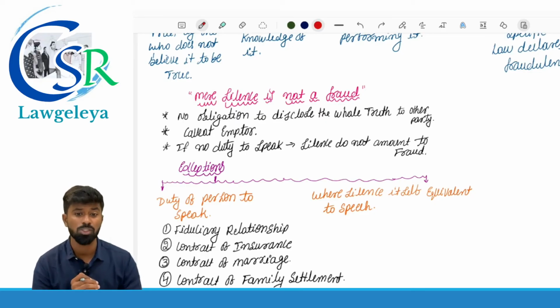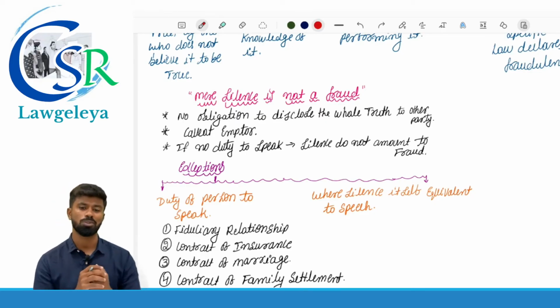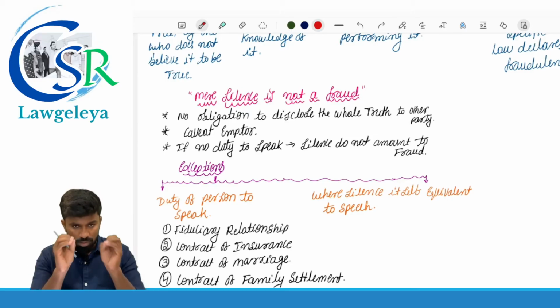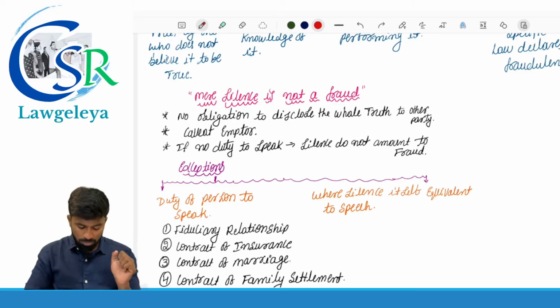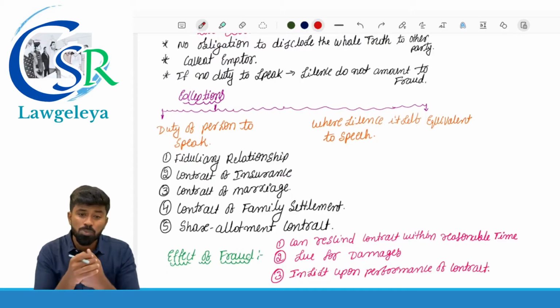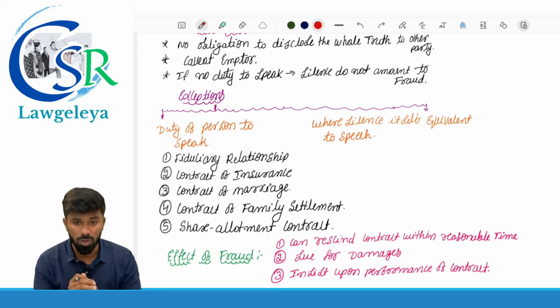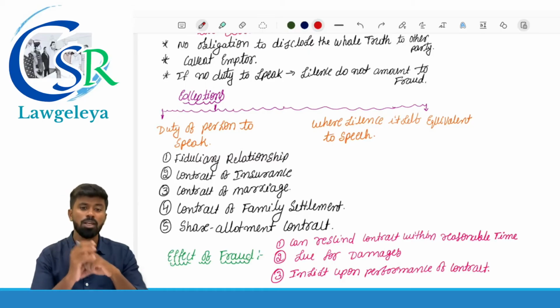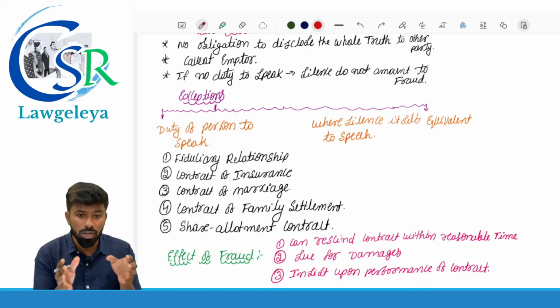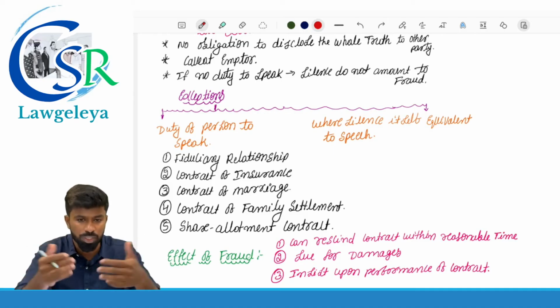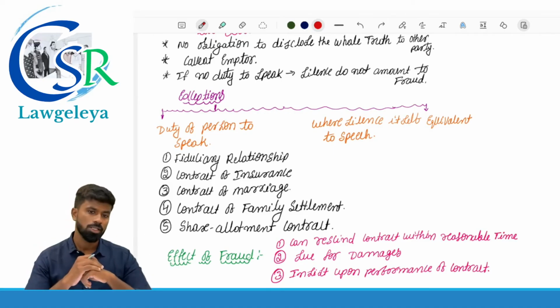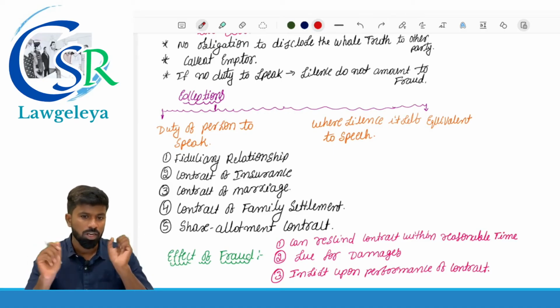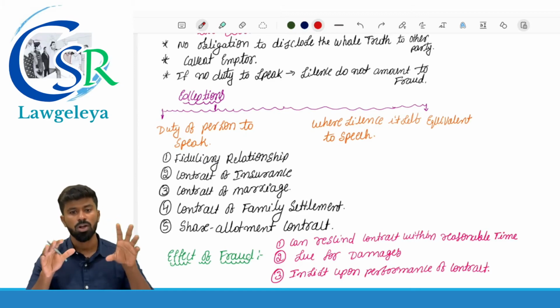But what if there is a duty to speak, sir? Then it amounts to fraud. Generally, silence does not amount to fraud. But if there is a duty to speak upon a person as per the law, in that scenario, silence amounts to what? Fraud. Sir, in what type of contract or what type of situation there is a duty to speak, sir? First one, in case of contract of fiduciary relationship. Second one, contract of insurance.